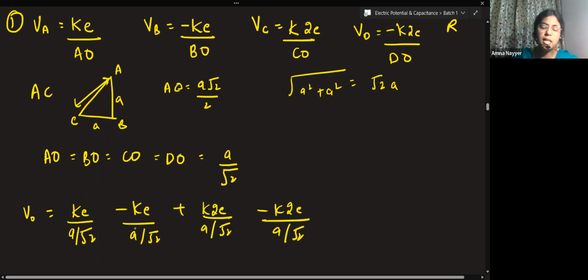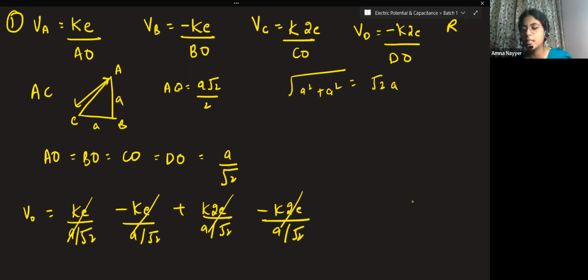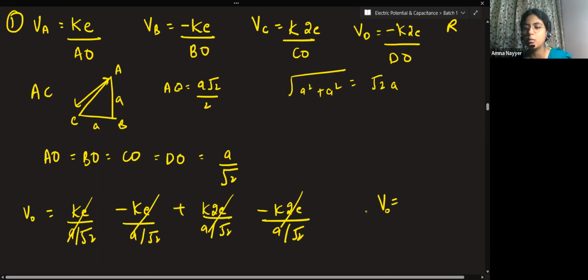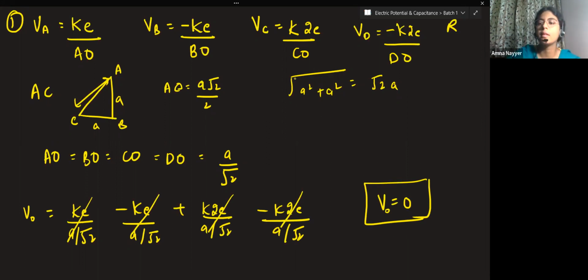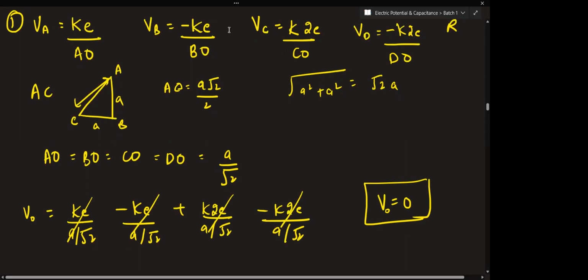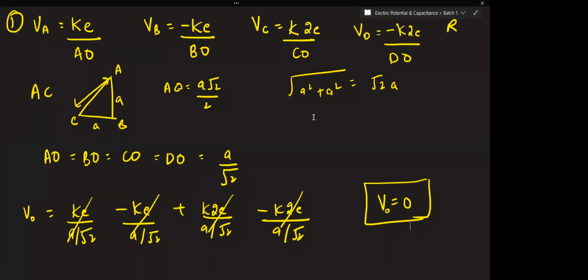See, this is getting cancelled, this is getting cancelled. Net potential at the center VO is coming out to be 0. First part is clear to all of you? Yes.